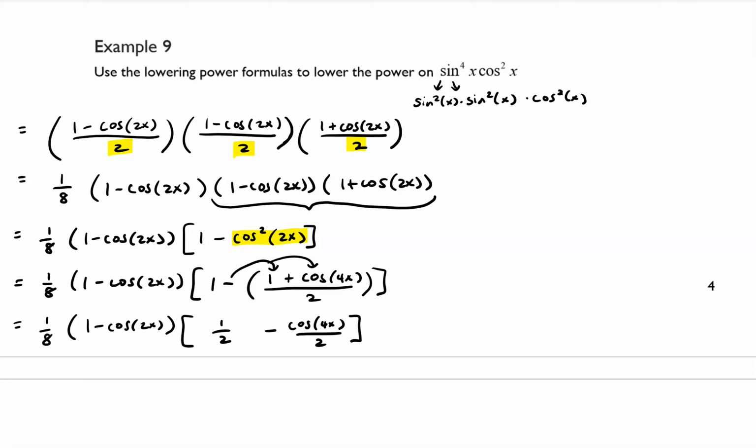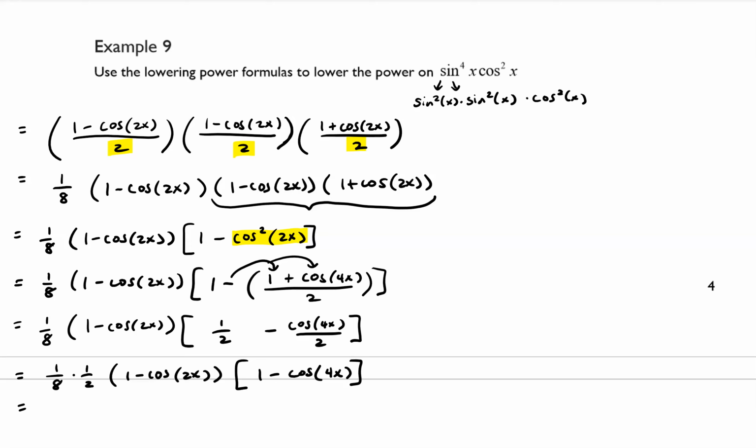Now, both of these terms have 1/2 in them, so I'm going to factor out 1/2. So I'll have 1/8 times 1/2 times 1 minus cosine of 2x. And then inside here, since I factored out 1/2, I will be left with 1 minus cosine of 4x.